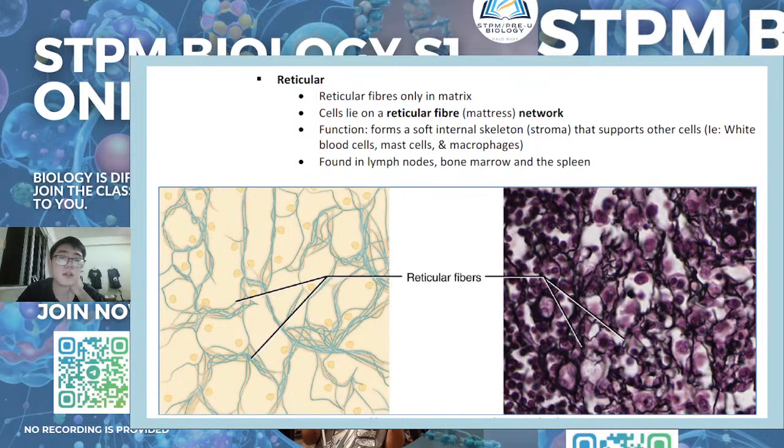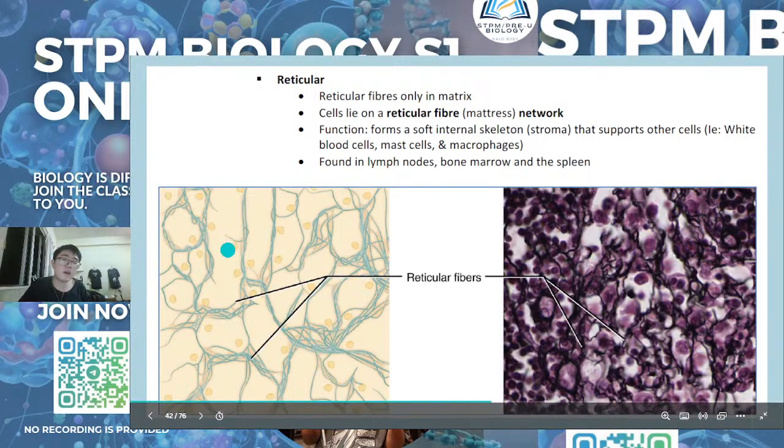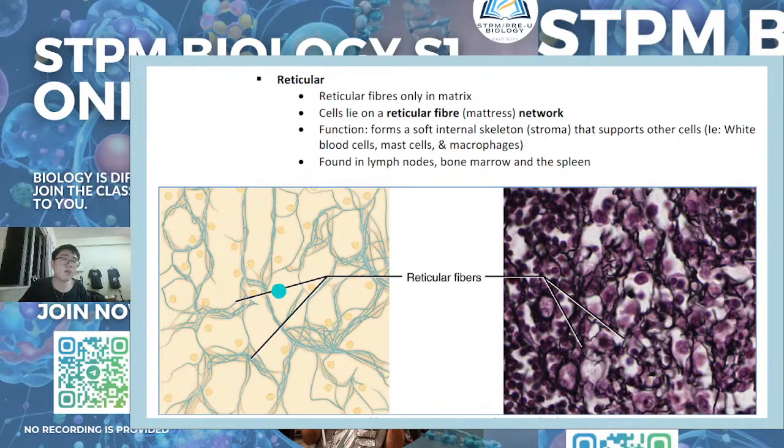So reticular tissue contains the reticular fiber. So we will find the reticular fiber in the tissue. So you see that there are many reticular fibers surrounding the cells. So the cells are lined on the reticular fiber network.